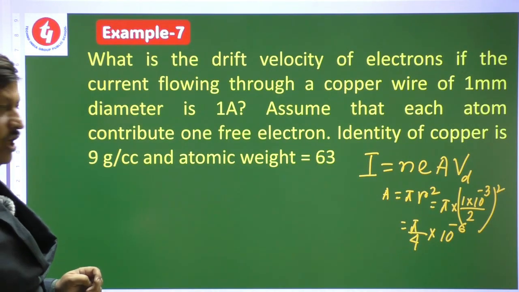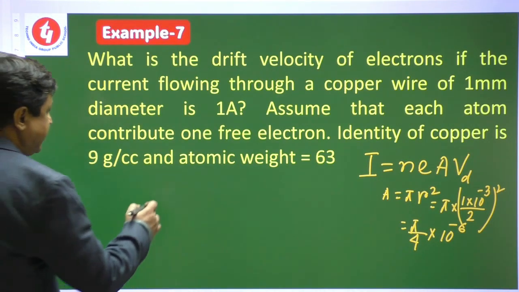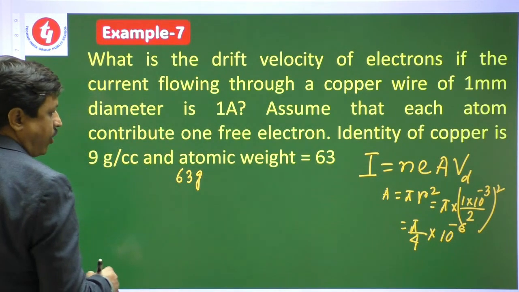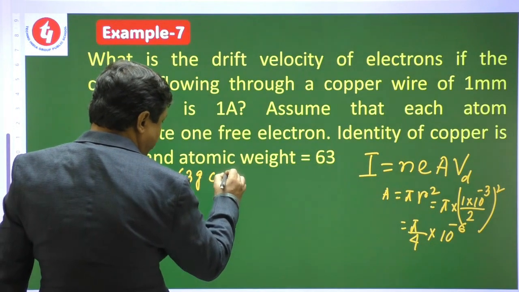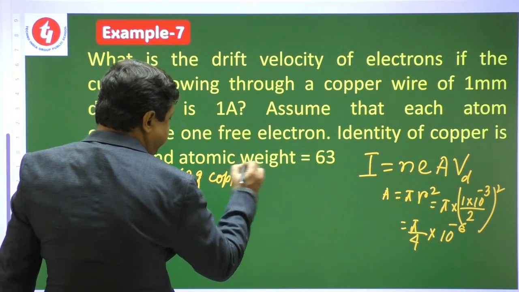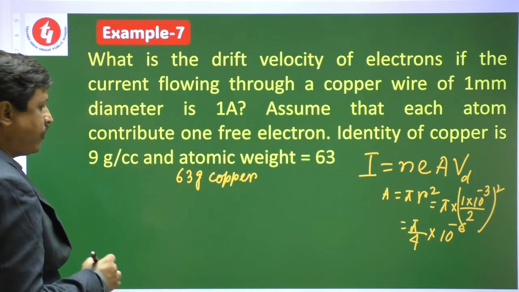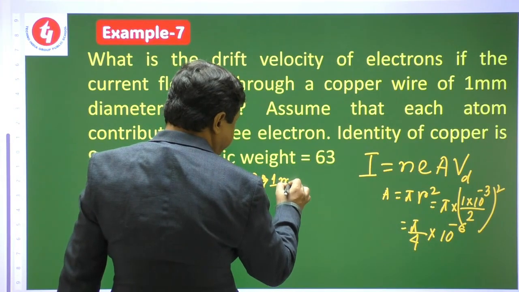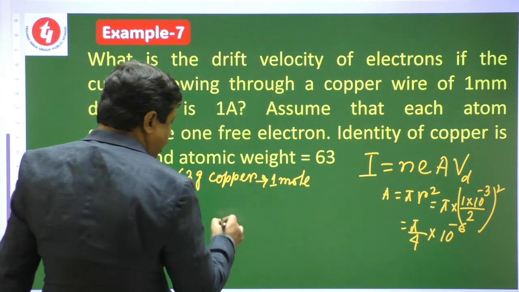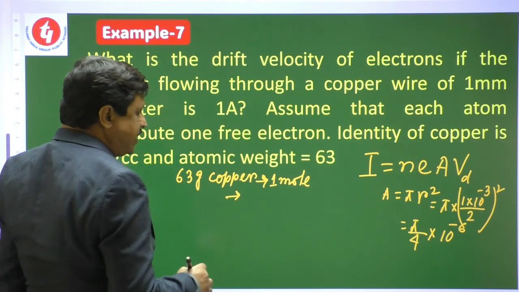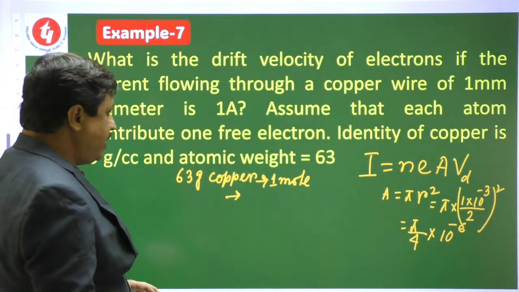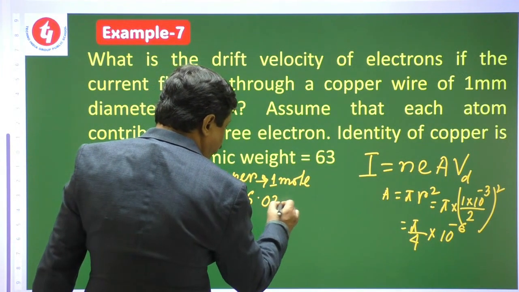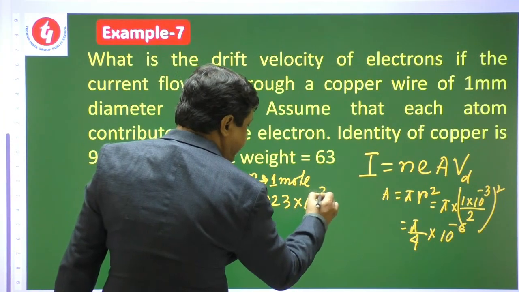Say we take 63 grams of copper. Obviously 63 grams of copper means 1 mole, so the number of atoms present is Avogadro's number, 6.023 into 10 to the power 23.